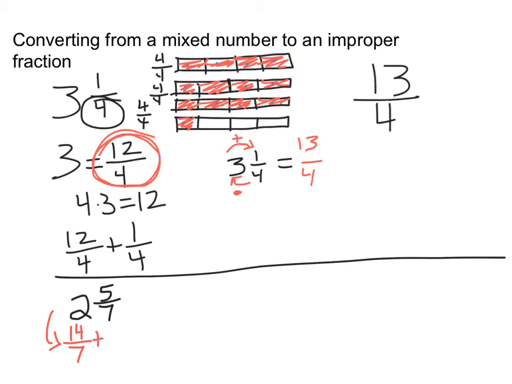And then I'm going to add it to 5/7, which is going to give me 19 sevenths. If you didn't get that answer, you should probably rewind a little bit and rewatch the explanation from the top. Make sure you understand. Then go ahead and move on.